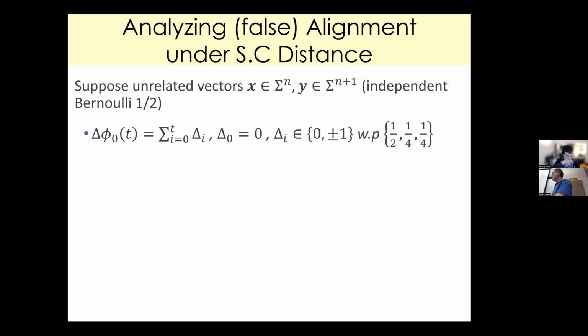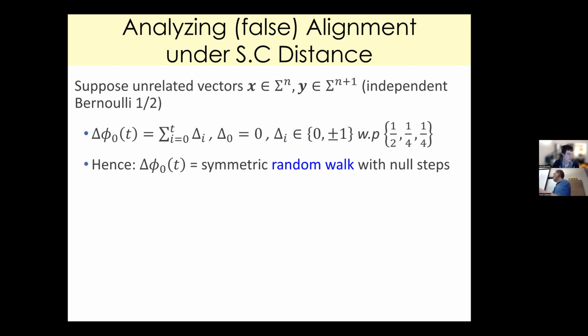We also have analysis for it that I don't have time to explain. Basically, if we look at those deltas, we can look at it as a random walk. Oh, I didn't tell you what I'm trying to do. I try to analyze the probability distribution of this distance, if we know that X and Y are unrelated.